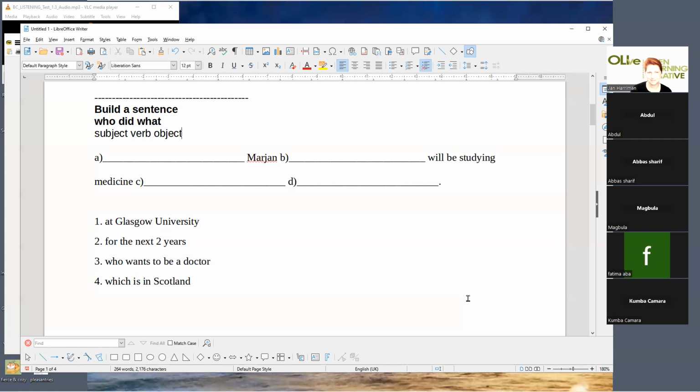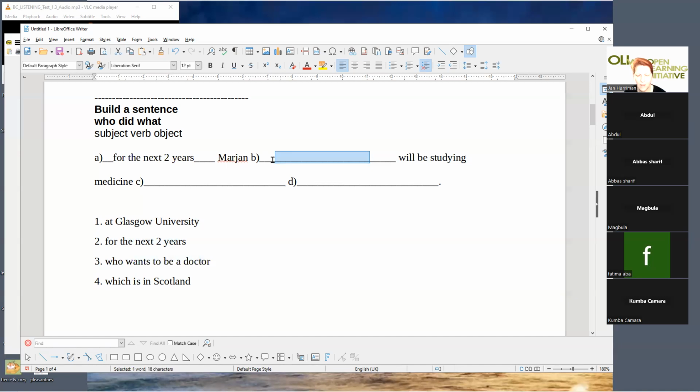For the next 2 years goes at A. I agree. Three goes in second. Does everyone agree? Yes.